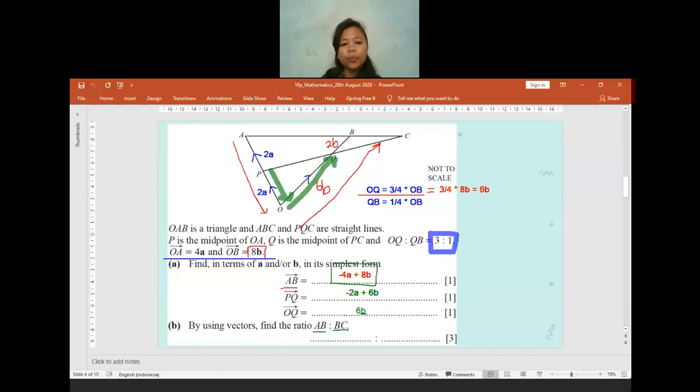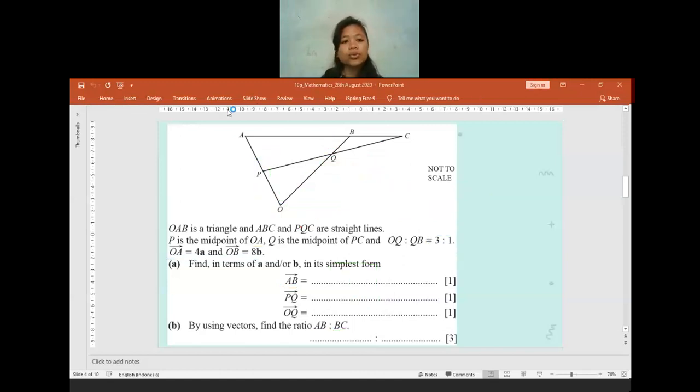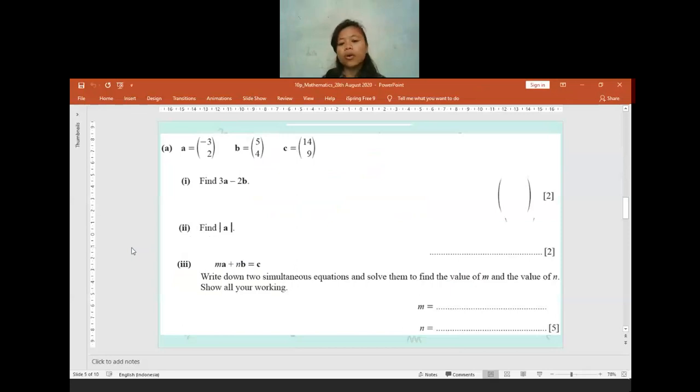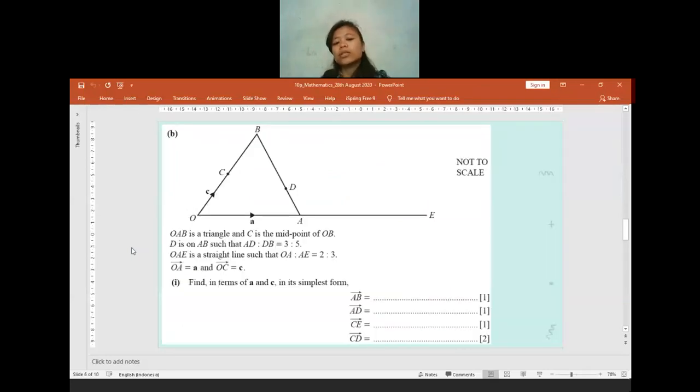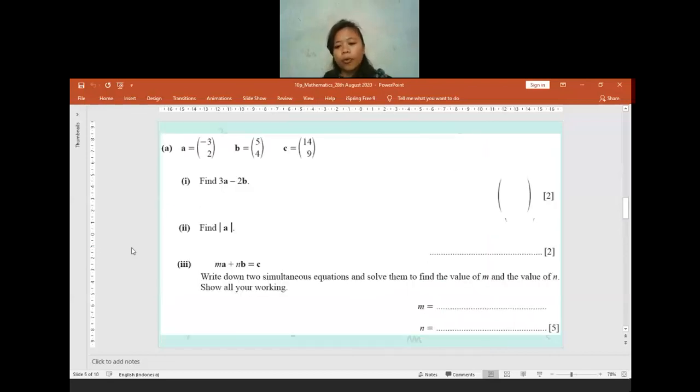For the homework, please kindly do only 2 slides. This is also from an IGCSE question. The homework is only doing question A and question B. This is one question in the IGCSE Cambridge checkpoint.